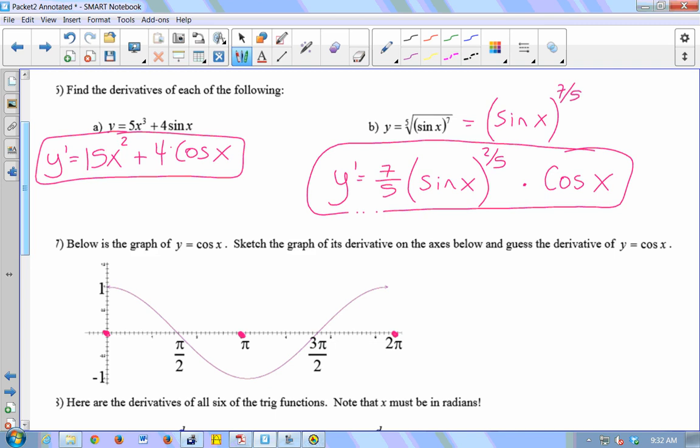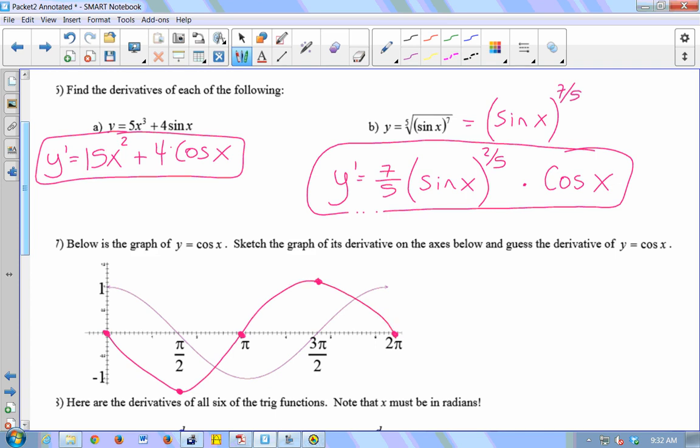Okay, take a look at pi over 2. If I were to draw a tangent line at pi over 2, what do you think its slope would be? Looks like it's about -1. And what if I draw a slope at 3 pi over 2? What would that be? Looks like 1. And connect those with a nice smooth curve.